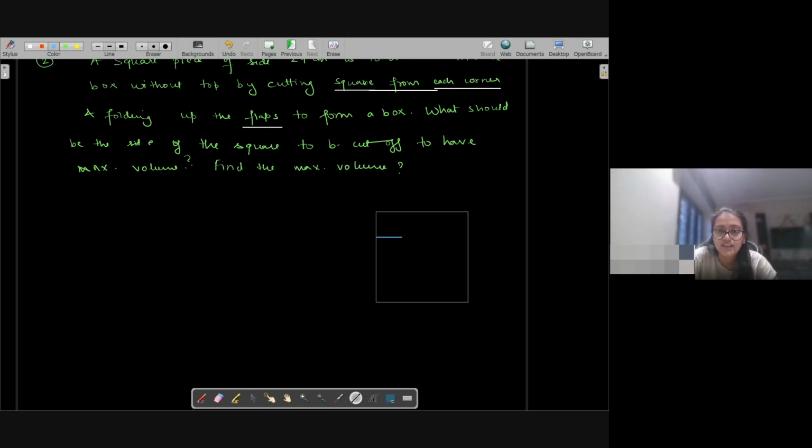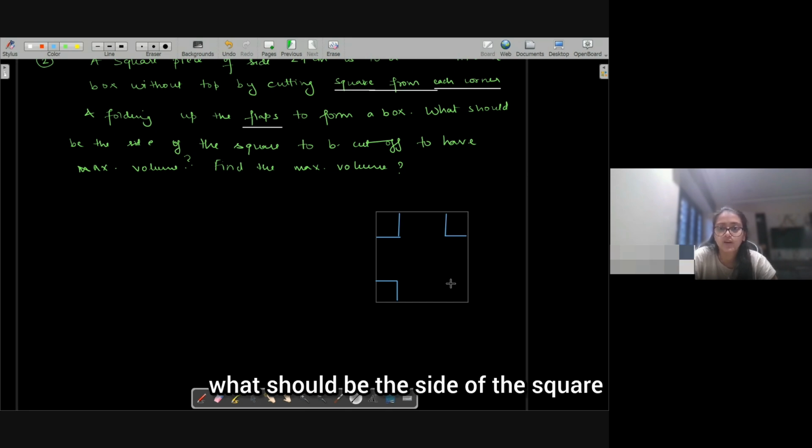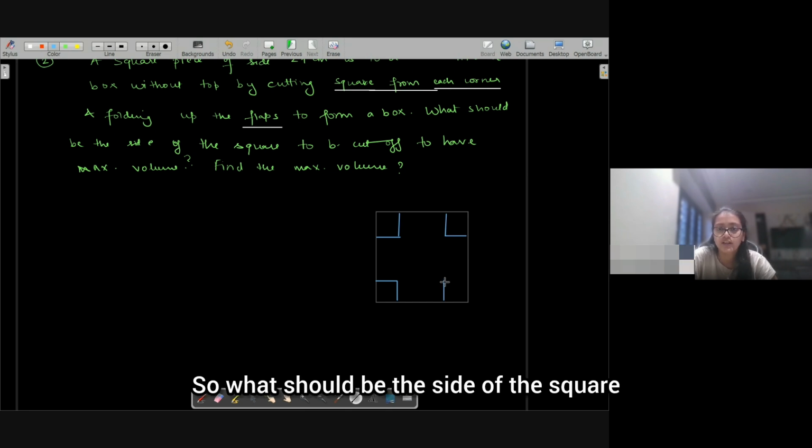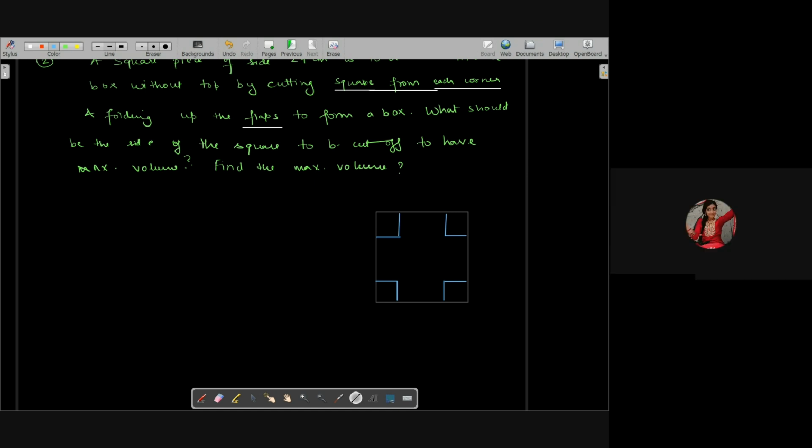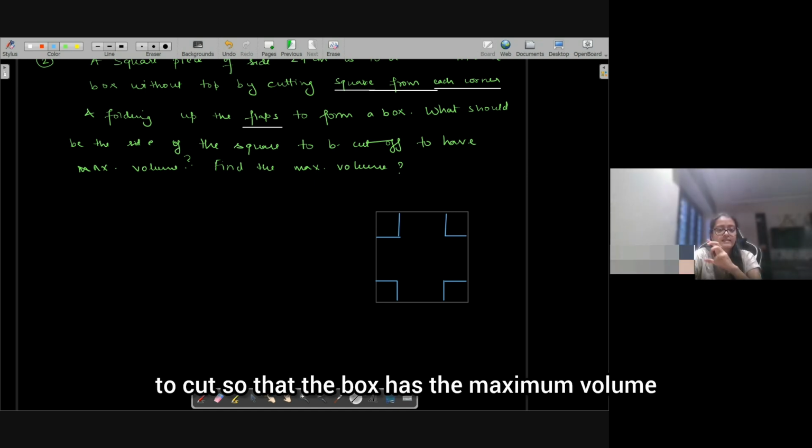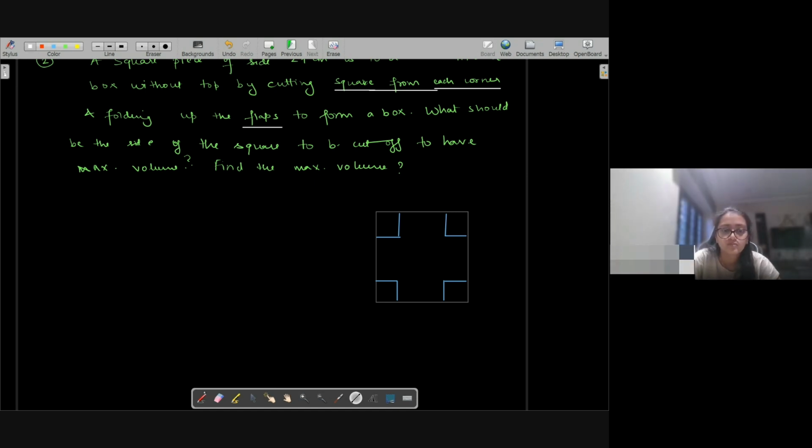So let's say these are the square pieces. We need to identify what should be the side of the square to cut so that the box has the maximum volume.